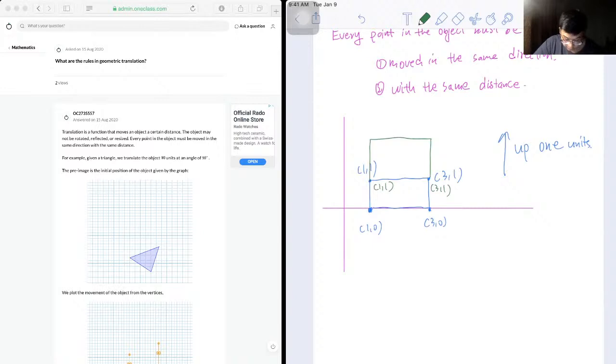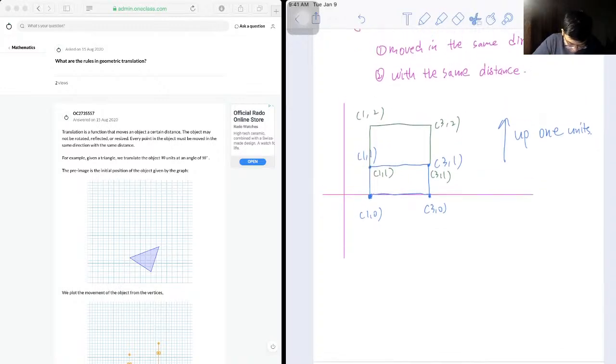And for 3 1, since we move up 1 point, it will become 3 2. And for 1 1, it will become 1 2. So as you can see from this example, if we want to move, let's say, k units, we need to add k, like the k value, to the y coordinate.